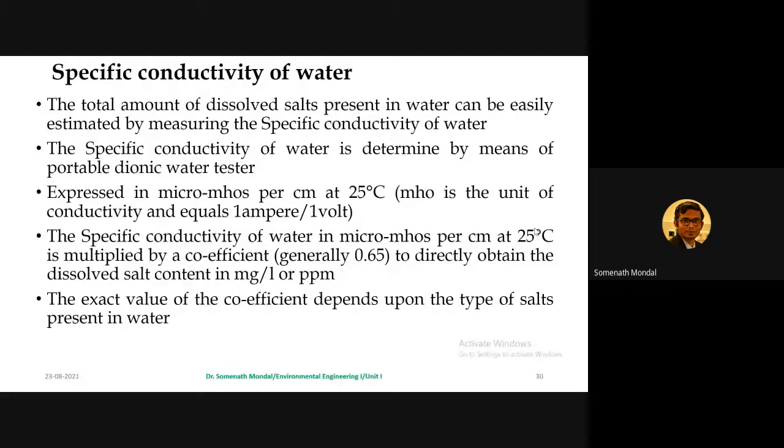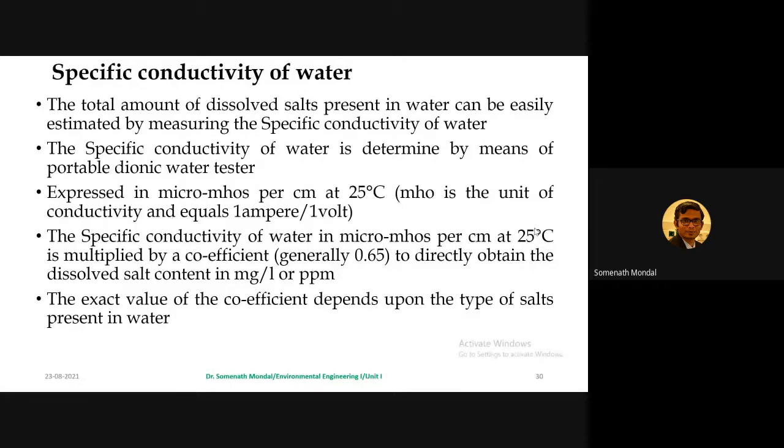So the total amount of dissolved salts present in water can be easily estimated by measuring the specific conductivity of water. The specific conductivity of water is determined by means of a portable ionic water tester, and is expressed in micromhos per centimeter.